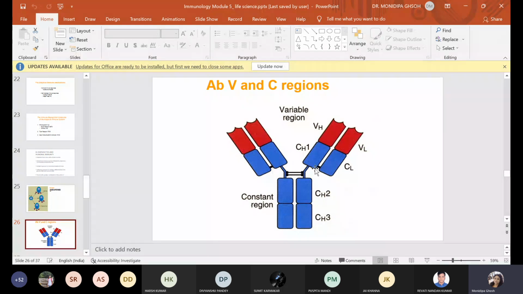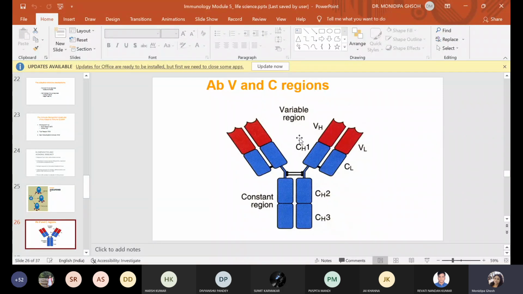The hinge region gives flexibility to the antibody structure, where the antibody can move 360 degrees on these FAB portions, these Y hand portions.